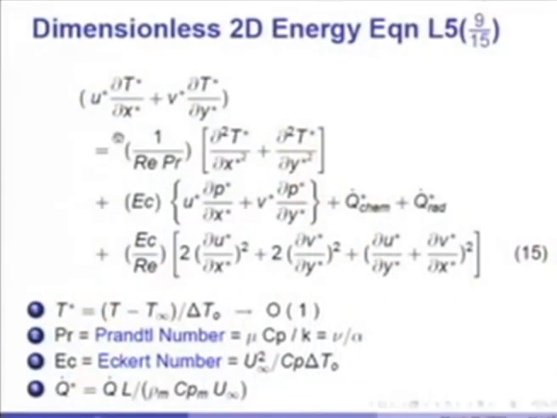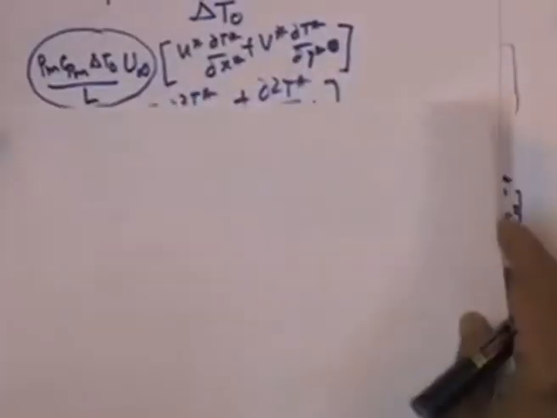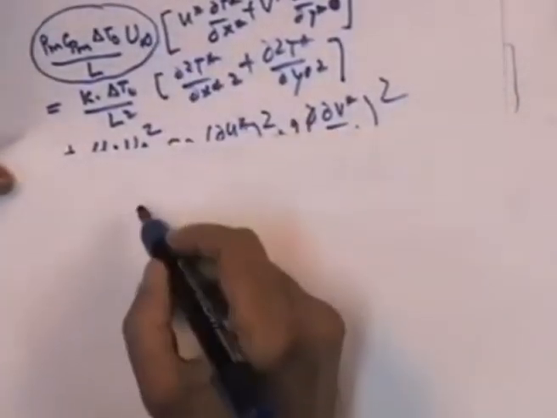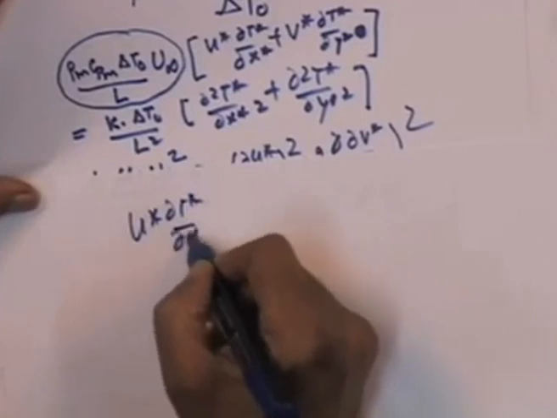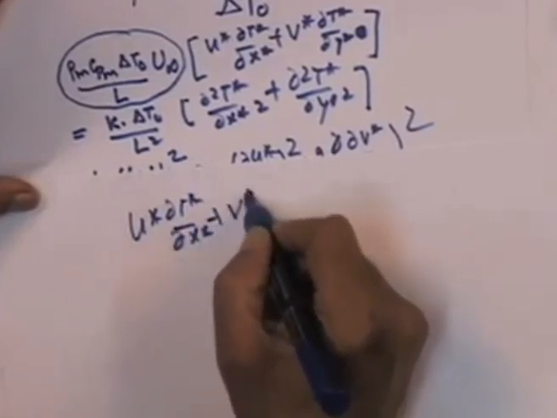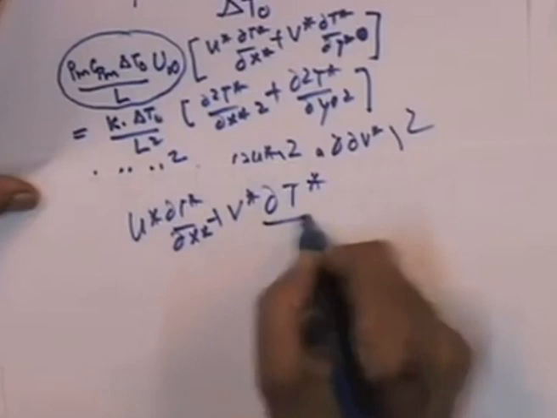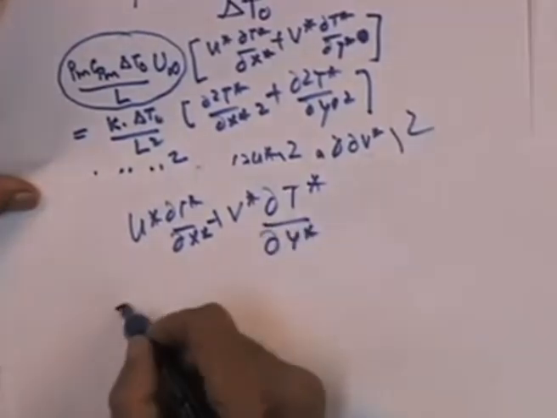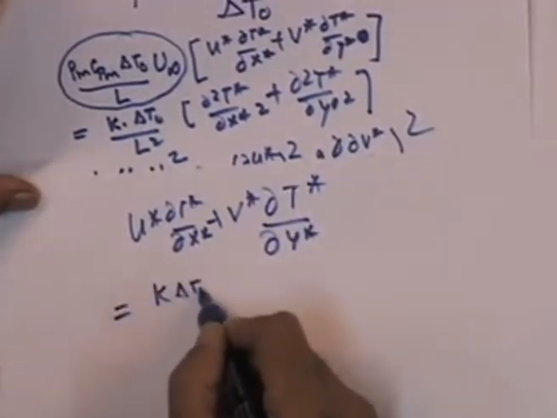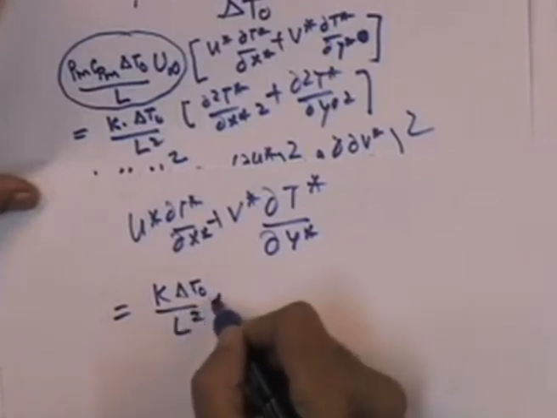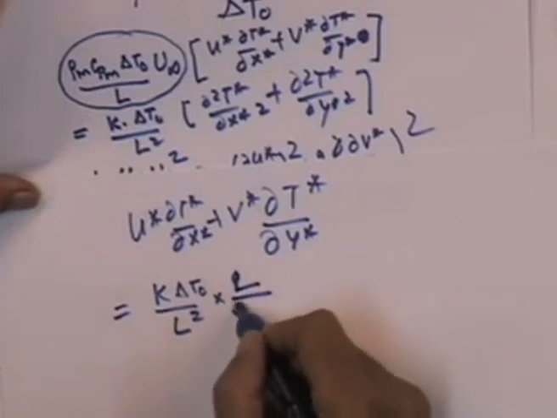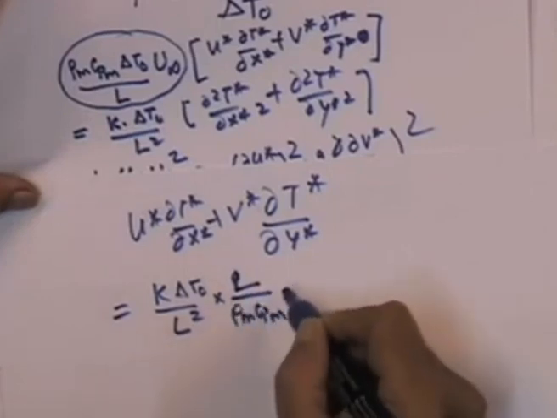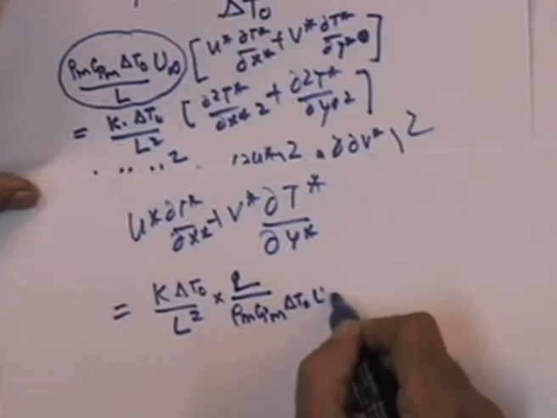Now, if I divide through by this quantity, you will readily see that I will get u star dT star by dx star plus v star dT star by dy star equal to k delta T naught by L square into rho into L divided by rho m CPM delta T naught u infinity.